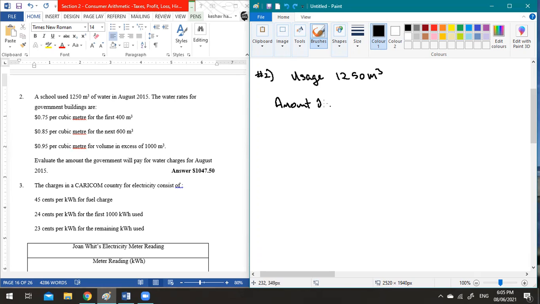So the amount due, right, is usage by the rate, right? So for the first 400 meters cubed, it'll be 400 multiplied by 75 cents.